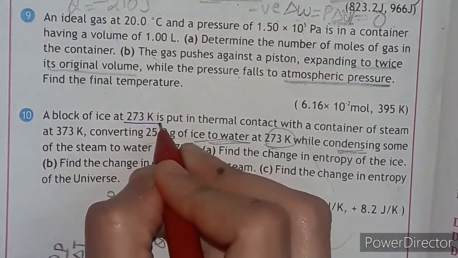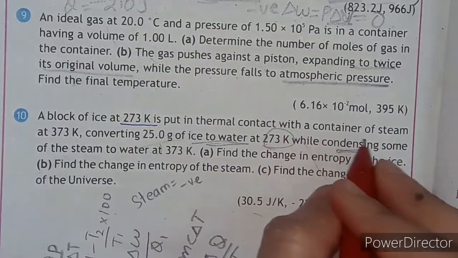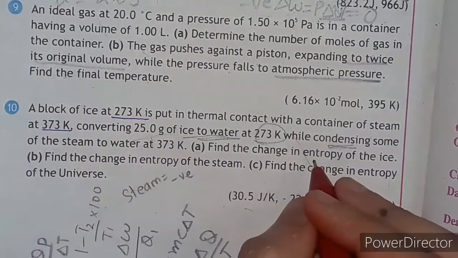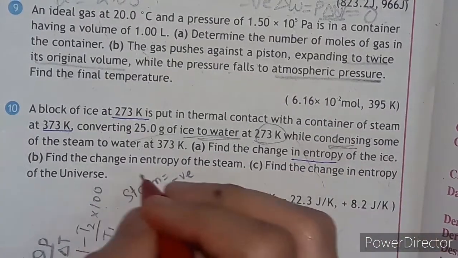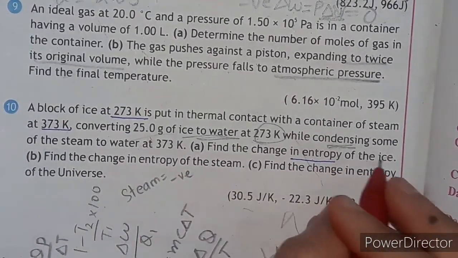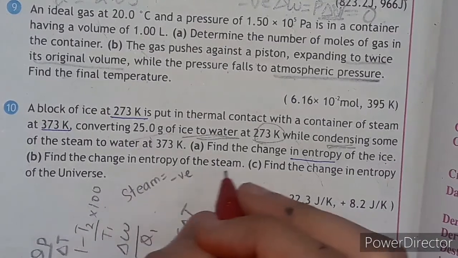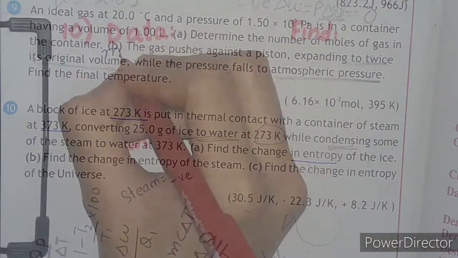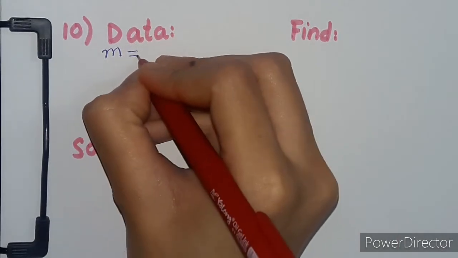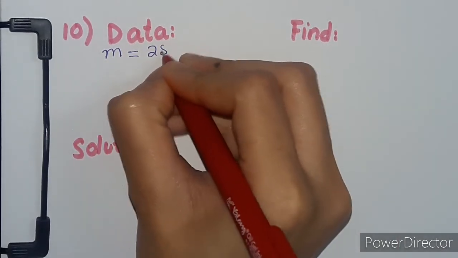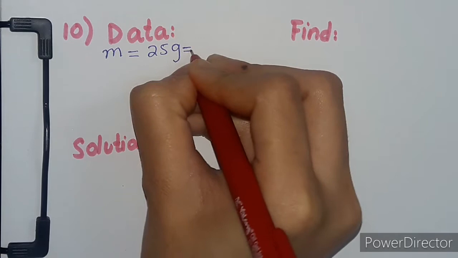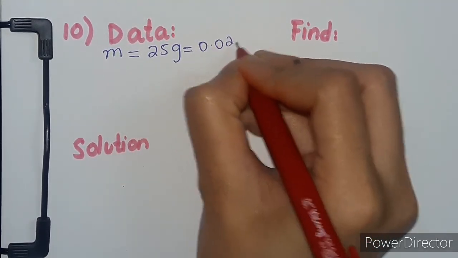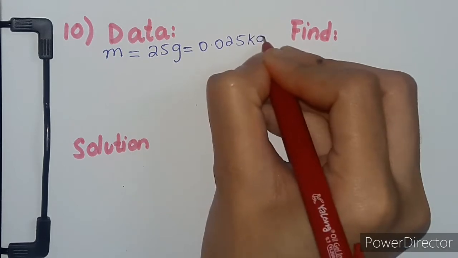The ice temperature is given, and then the temperature of steam is given. We have to find the entropy change in the first part, then entropy of ice and entropy of steam, then the increase in entropy of the universe. We are given the mass, which value is 25 gram, converted into kg by dividing by 1000, 0.025 kg.